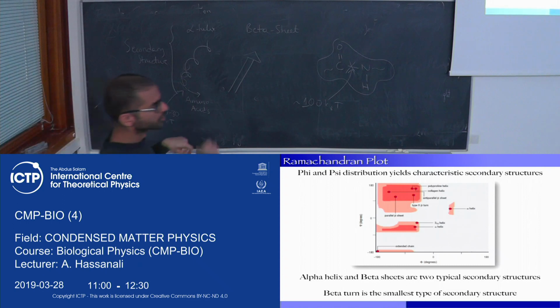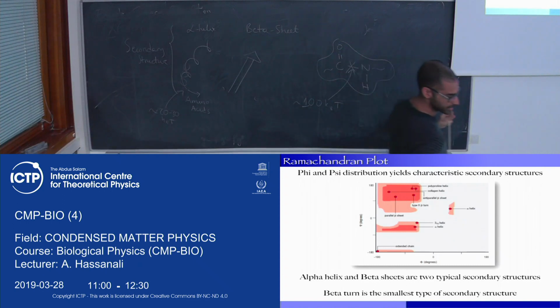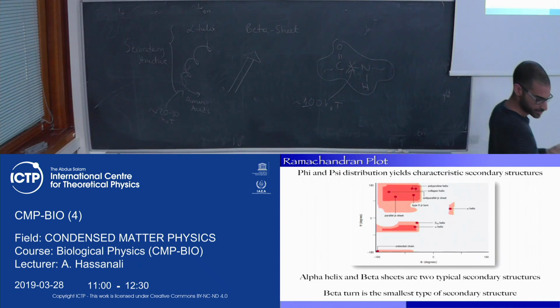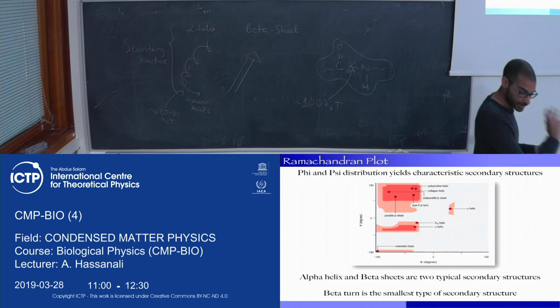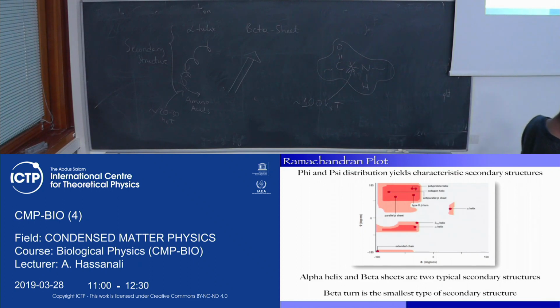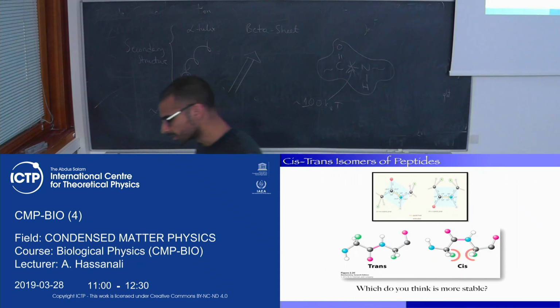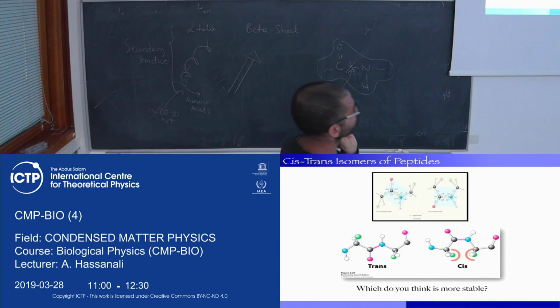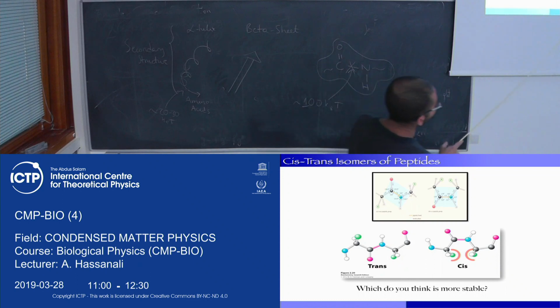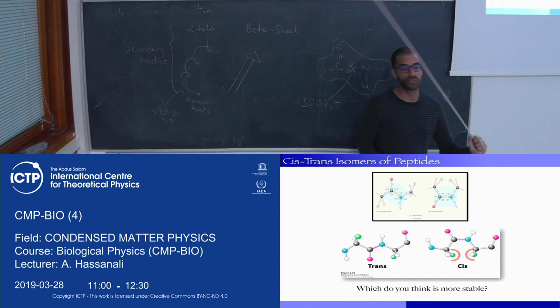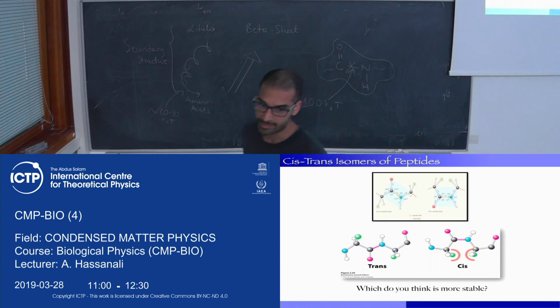Now we're going to try and build on that question. This was just a review of what we talked about in the last couple of lectures. To understand why certain phis and psis are allowed and others aren't, you have to go back to your chemistry and remember something known as trans and cis isomers.